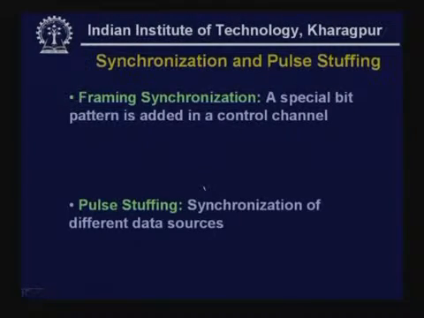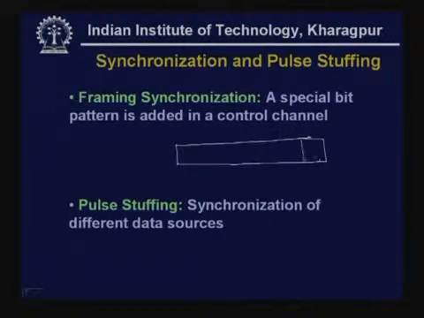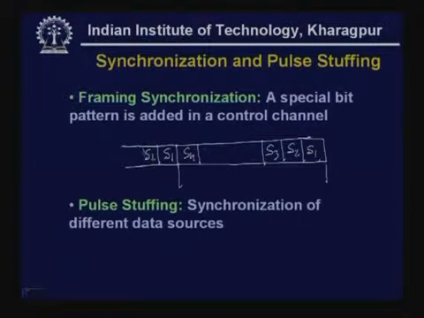Now, question arises, whenever you do framing, say we are sending this from source 1, this from source 2, this from source 3, in this way source n. Then of course another stream is coming, this is one frame and this is another frame, source 1, source 2, and this is being sent.